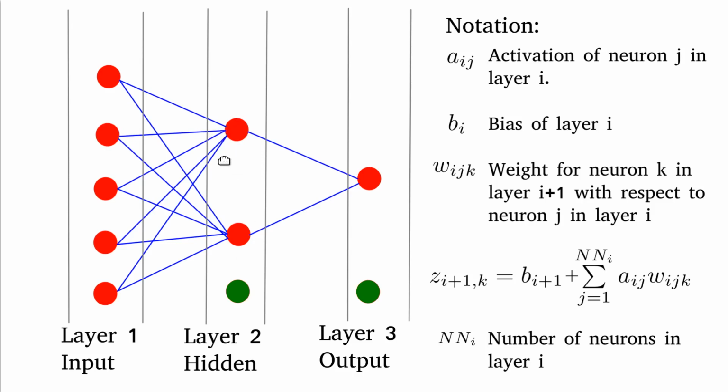It's kind of convoluted, but the indices help, and this will help with the coding later, because each set of weights between any 2 layers can be represented as a matrix. So there's a 5 by 2 matrix that would represent all the weights between all these neurons. This one would be a 2 by 1 matrix. That's pretty simple.